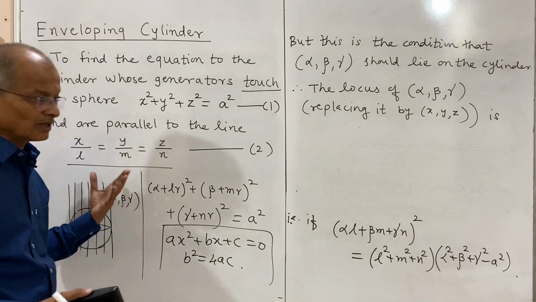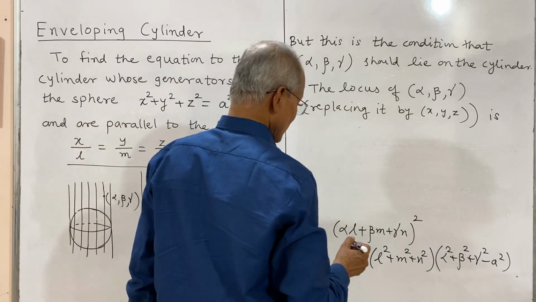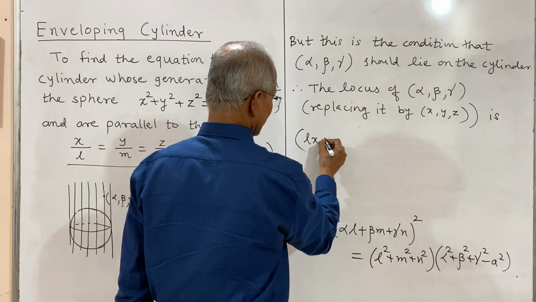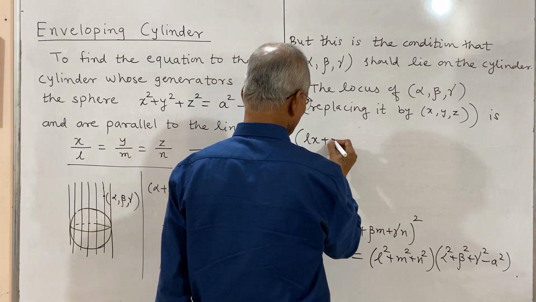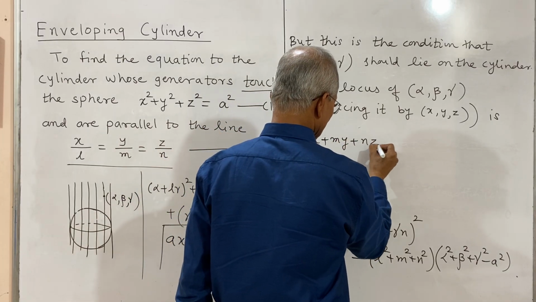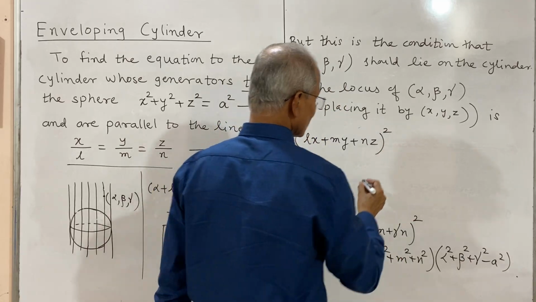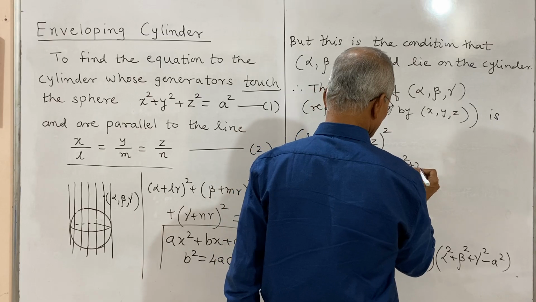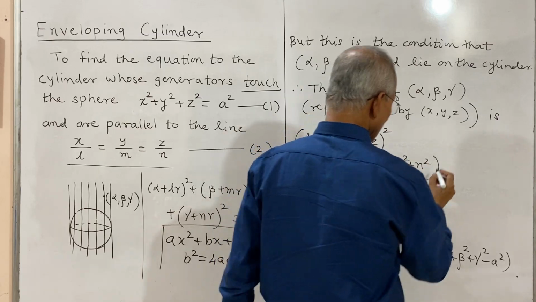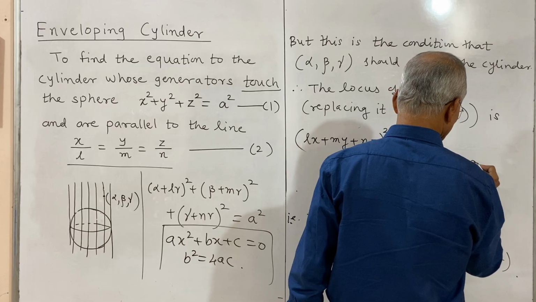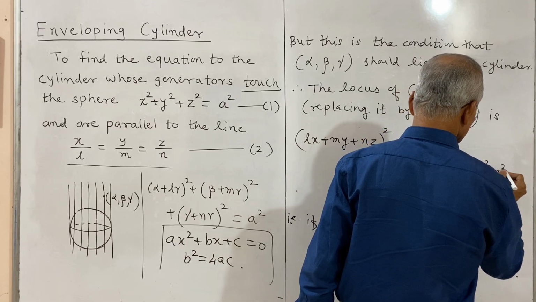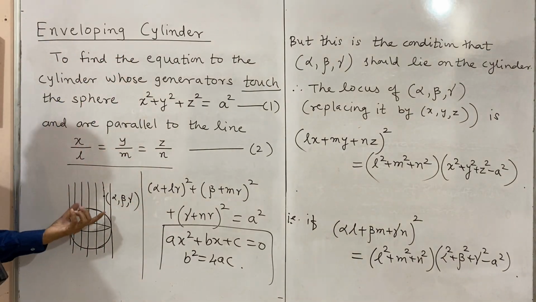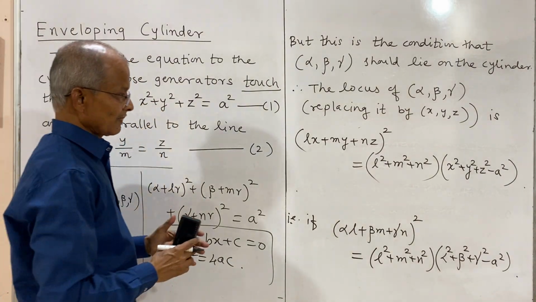Therefore the equation in terms of x, y, z is Lx plus My plus Nz whole square is equal to L square plus M square plus N square into x square plus y square plus z square minus a square. This is the equation of the enveloping cylinder to sphere 1.